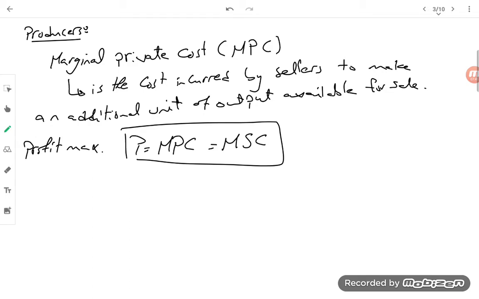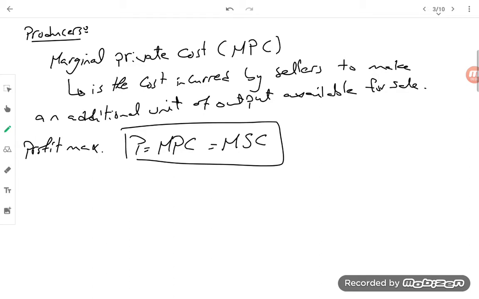In order to achieve equilibrium in these markets, we are going to equate the two equations together.